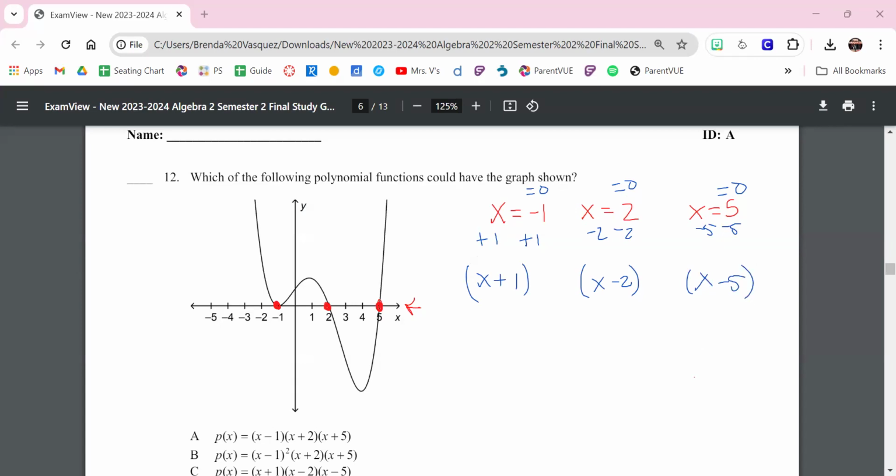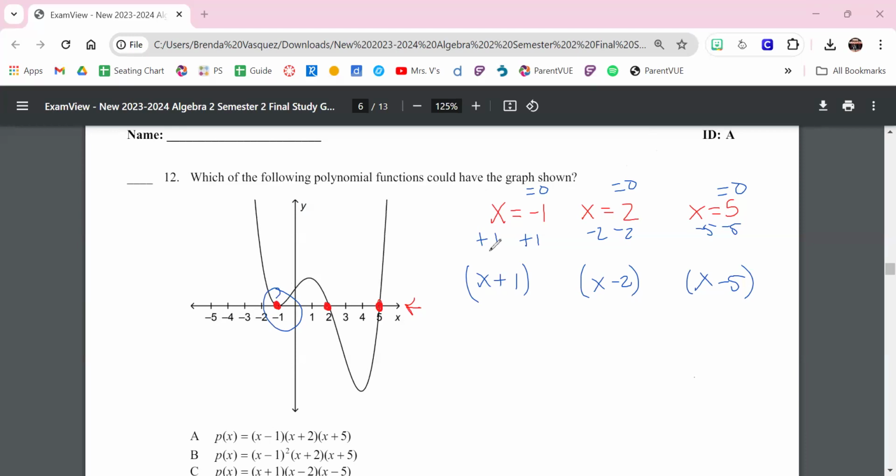Now, this is where I want you guys to be very careful. Do you guys see any bouncing? In which zero? Bouncing means that it touches the axis and then bounces back up. Where is it? On -1. That means that that zero is repeating.